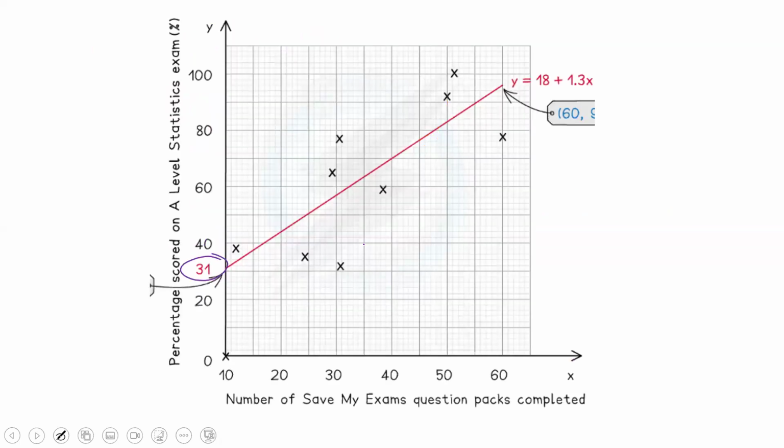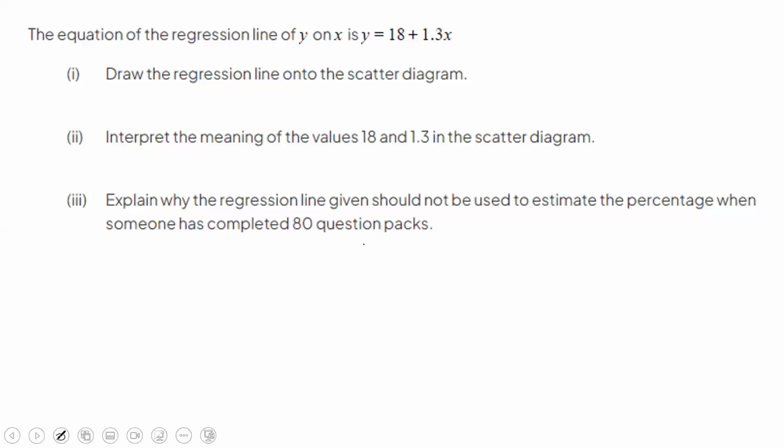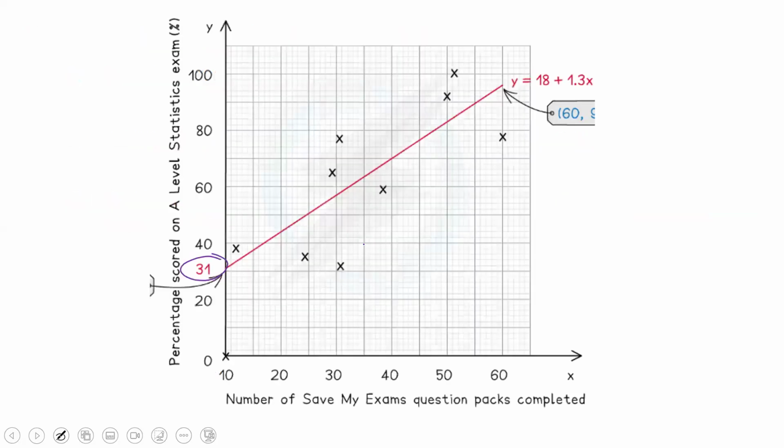Now, this is the coordinate system. Now, part 2. Interpret the meaning of the values 18 and 1.3. 18 is the y-intercept and 1.3 is the gradient. Y-intercept means where x becomes 0. What is x? X is the number of Save My Exam questions. So when you say 18, it means there is a student who didn't practice anything from Save My Exam and he got a percentage of 18.